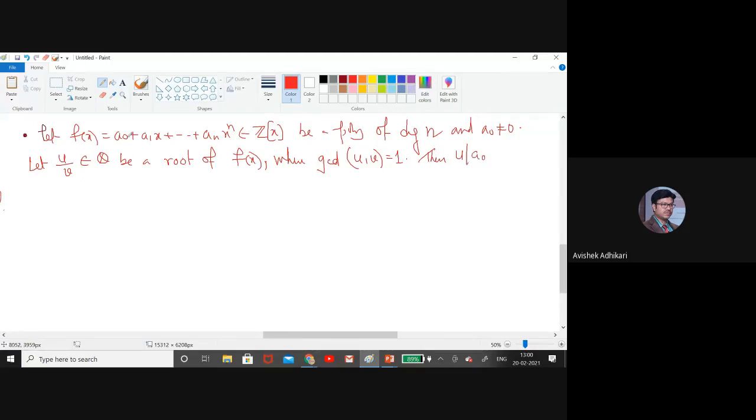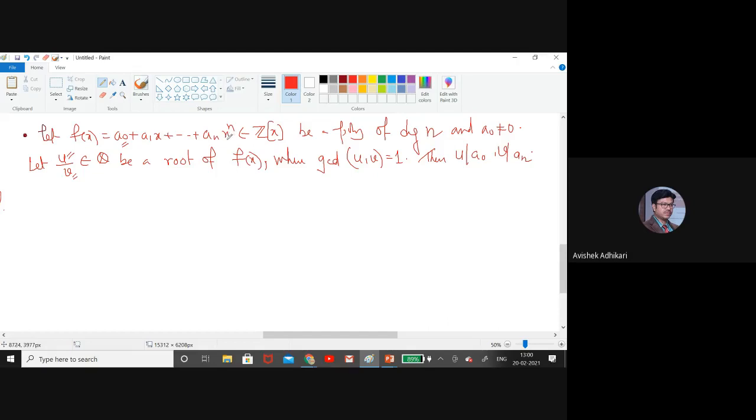Mind that u must divide the constant term and v must divide an. Okay. So u must divide the constant term. u was in the numerator and v was in the denominator. So u must divide the constant term and v must divide the coefficient with the highest degree term.